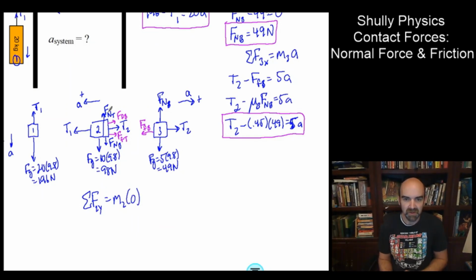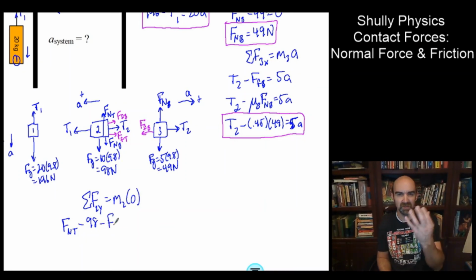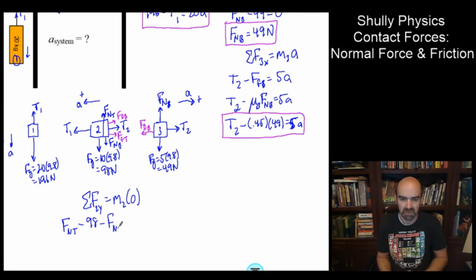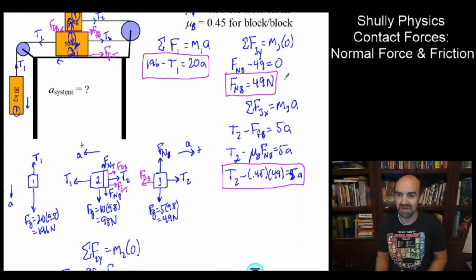Here in the y direction, we've got the normal force of the table going up minus 98 minus FNB. Remember that block 3 on top is pushing down with the amount of its weight. Do you see that? FNB is its weight. Doesn't that make sense? The downward force is the weight of the block on top of it.